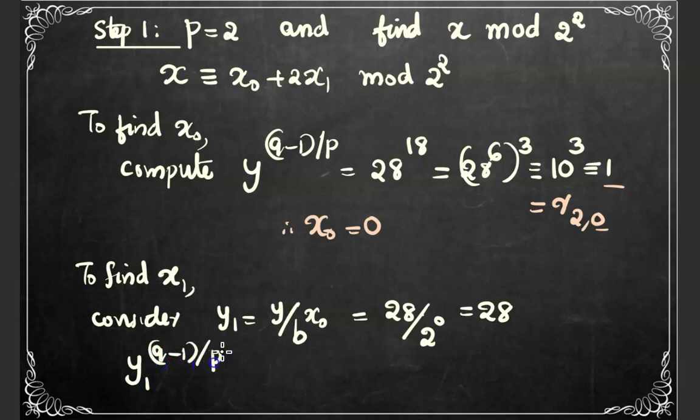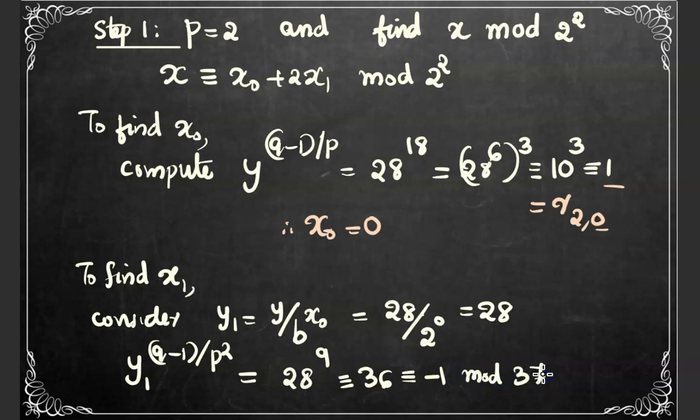and we will need to compare the value of this expression to the values in the table of R2Js. We can see that this is equal to 28 raised to 9, and 28 raised to 9 is in fact congruent to 36 when reduced modulo 37, which can also be expressed as a quantity congruent to minus 1 modulo 37.